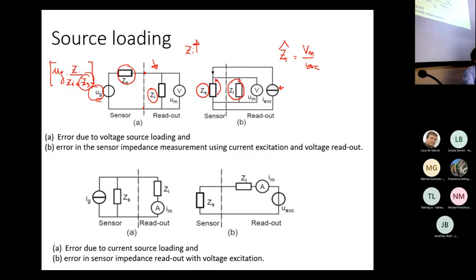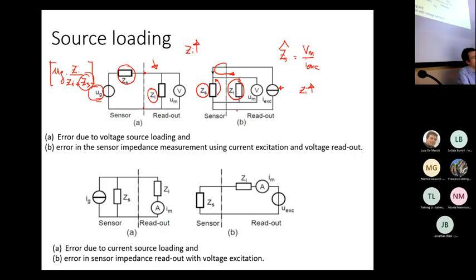And again, it is mandatory to have Zi as large as possible, because otherwise the excited current will flow partially into the input impedance rather than flowing just in the sensor impedance.